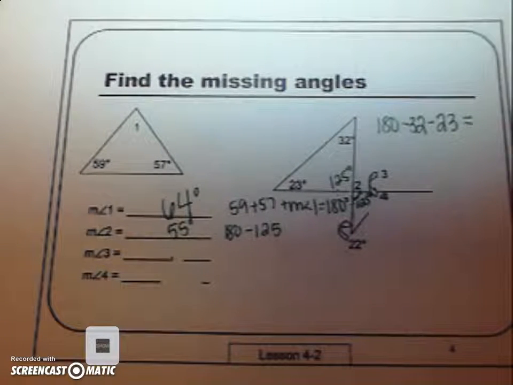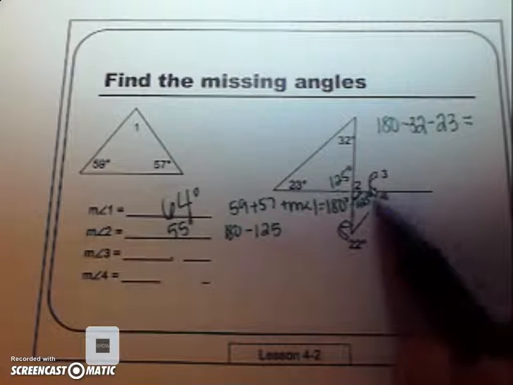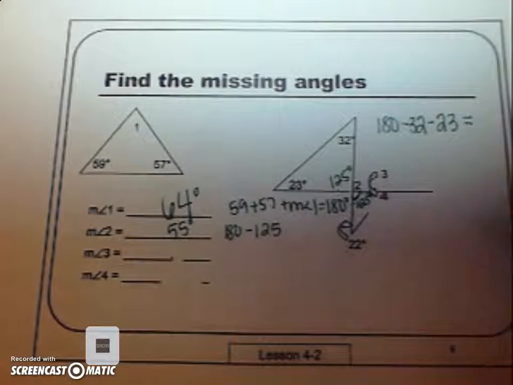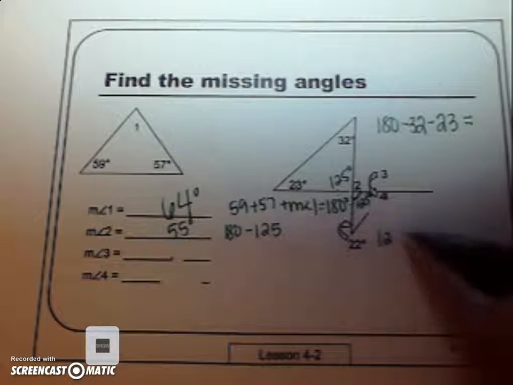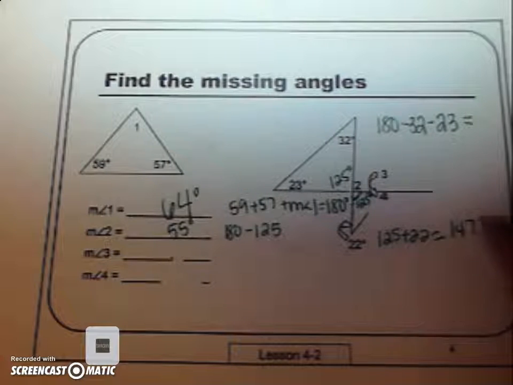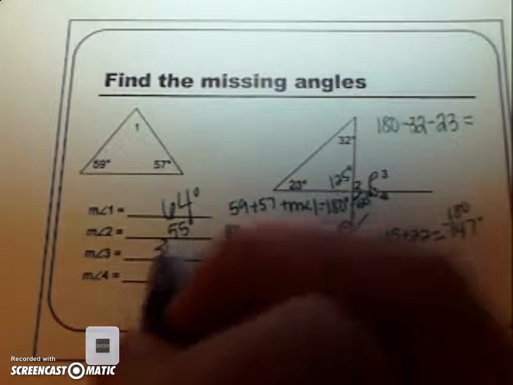The measure of angle 3 is on the inside here. I already know that I have 22 and 125. If I add those two things together, I have 147 degrees accounted for already. So if I take 180 minus 147, then that leaves me with 33 degrees left over.